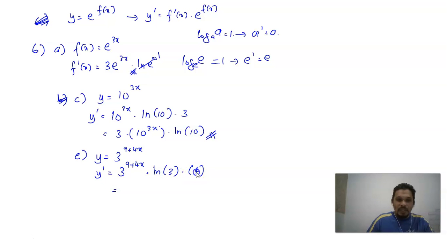This 4 we cannot simply multiply with this 3, because this 3 has the index of 9 plus 4x and the bases are not equal. So the best thing we can do here is write down 4 in brackets, multiply with 3 to the power of 9 plus 4x and multiply with natural log of 3.